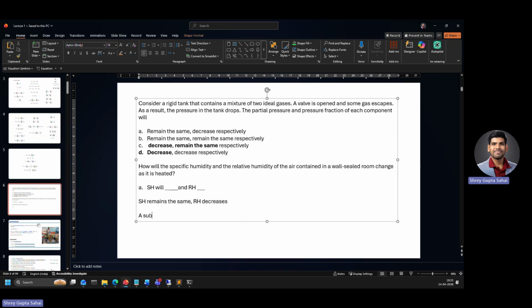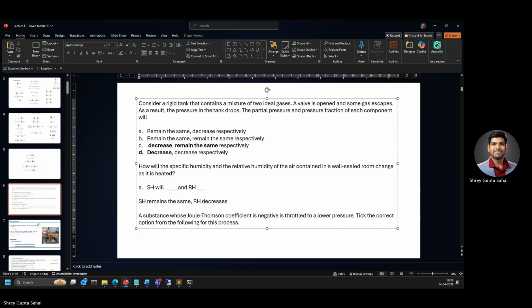The third question: a substance whose Joule-Thomson coefficient is negative is throttled to a lower pressure. Pick the correct option from the following.